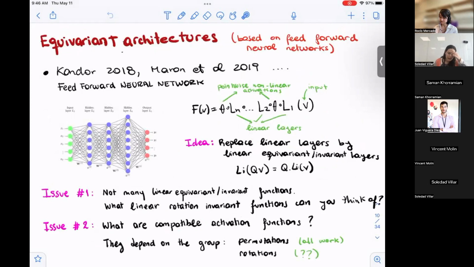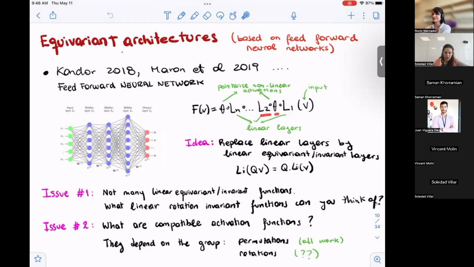So let's start with a very general way to do this: just how can you modify a classical MLP to be equivariant. You can see this in papers by Condor, and Maron also has a paper that explains how to do this. The idea is, say that you have a feed-forward neural network, an MLP. This is a composition of linear layers with nonlinear activation functions.